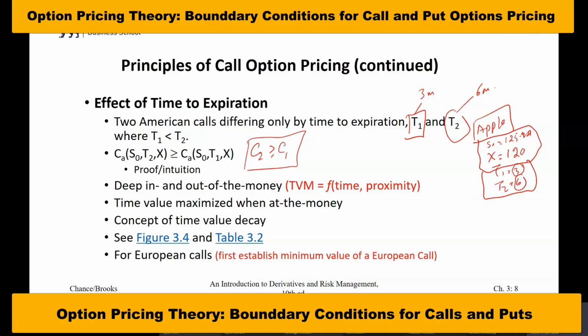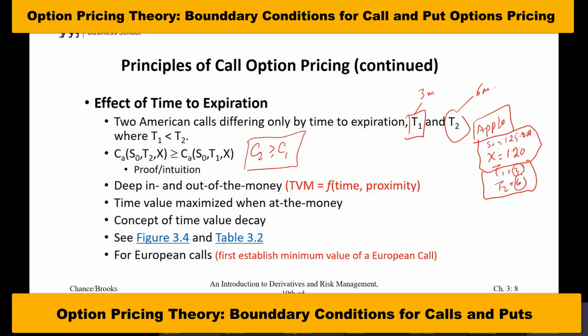And we discussed the reason for this, that whenever an option has longer time to maturity, it will enable you to speculate for a longer period and cover a longer period of uncertainty. So it has both the time as well as the proximity implications affecting it.